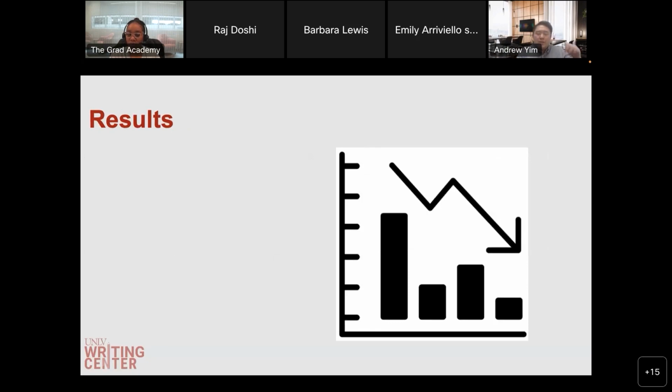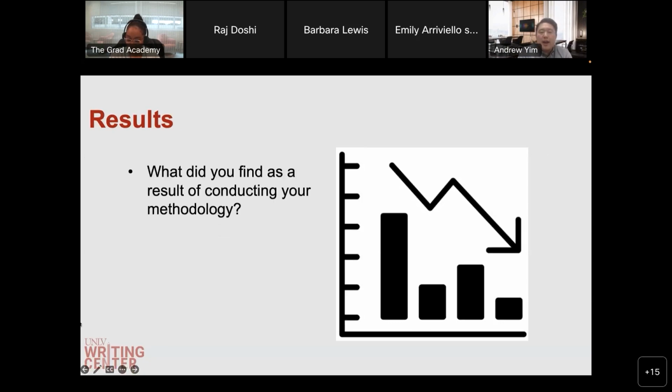In addition, we have this nice little chart here for the data set. You really want to be thinking about what you found as a result of conducting your methodology. So you're not giving your opinion yet. You're simply reporting the facts for what they are, right? If you're not happy with what emerges, well, that's the results. The results should simply be the facts that emerge.